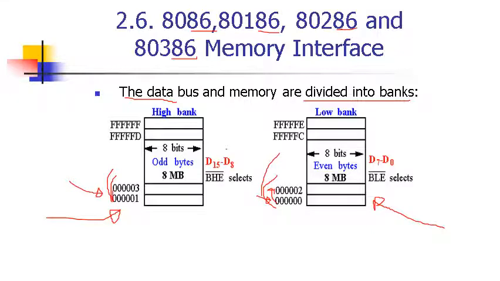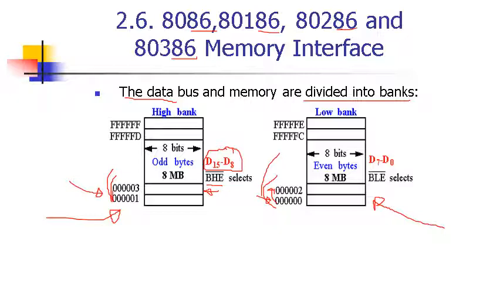Your high bank deals with D8 through D15 of your data bus, and you select this high bank by activating this pin BHE bar.